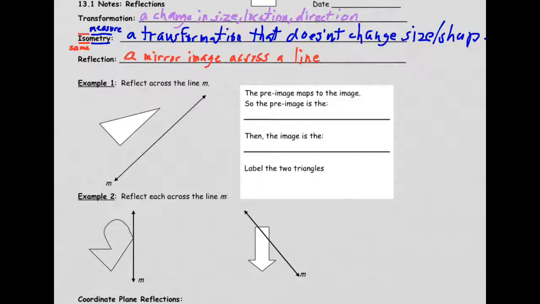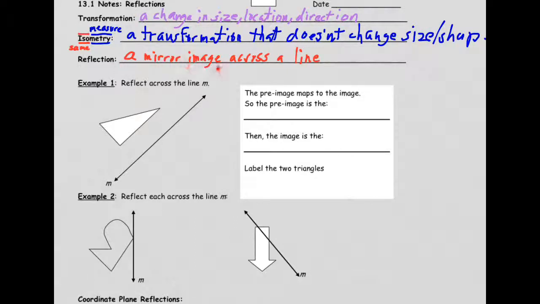So that means the same. Now, metry is our word for measure, like geometry means measure the earth. So it's going to have the same measure. Isometry is a transformation that doesn't change size or shape.